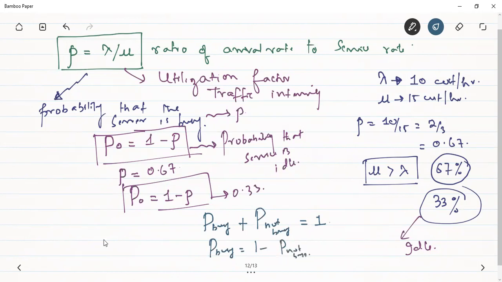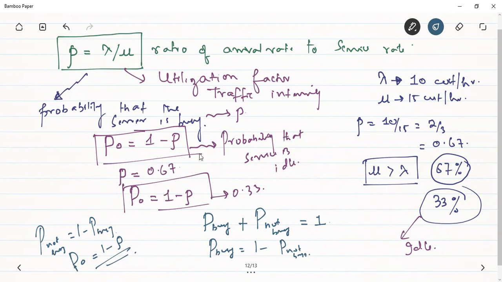Or we can say that the probability that the server is not busy is equal to 1 minus the probability that the server is busy. The probability that the server is not busy is given by p naught, which will be equal to 1 minus the probability that the server is busy, which is given by rho.